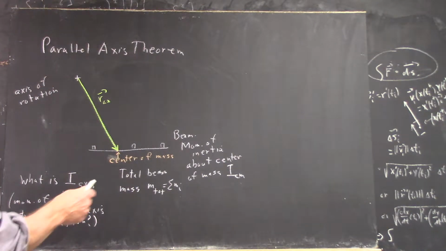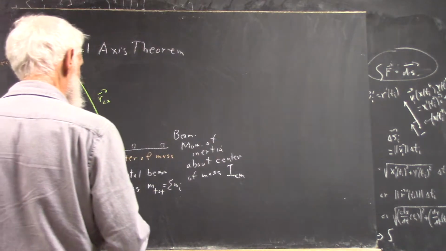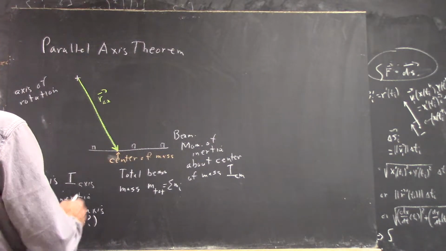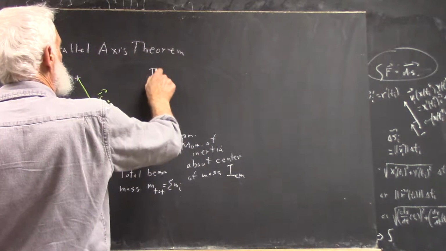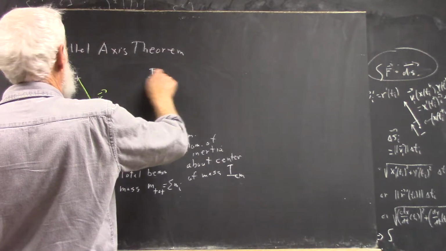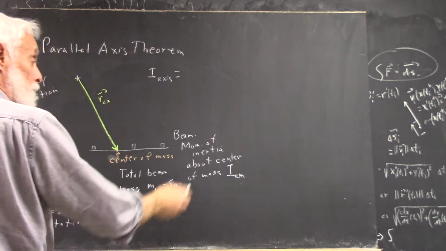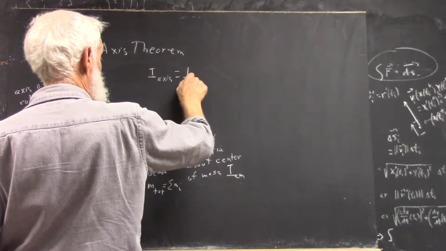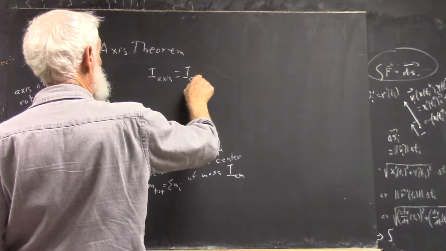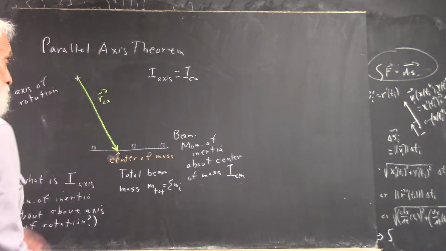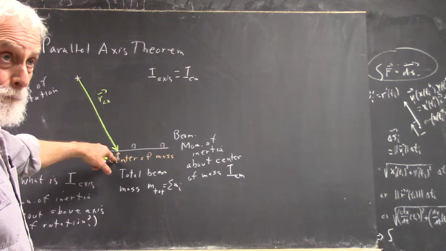Well, moment of inertia about this axis is just the sum of the moment of inertia about the center of mass at this point, right?